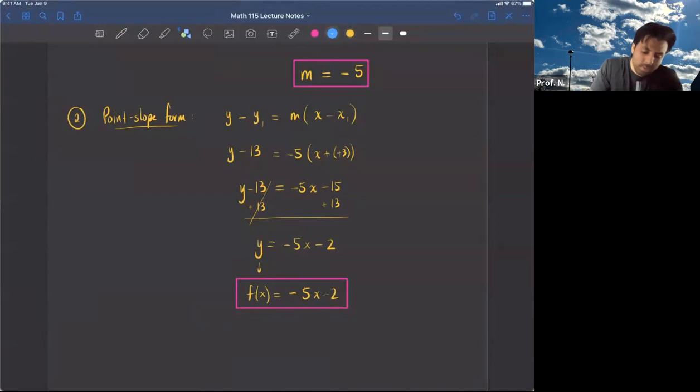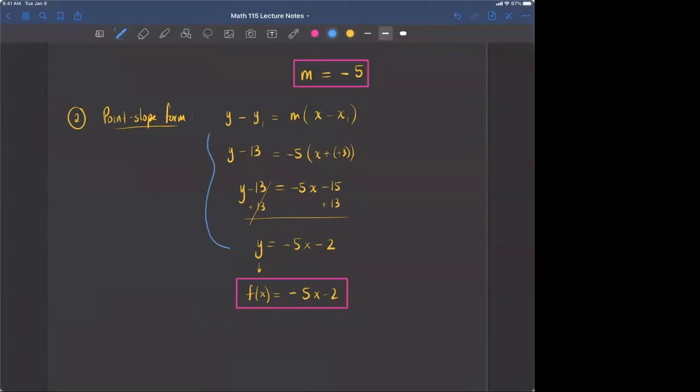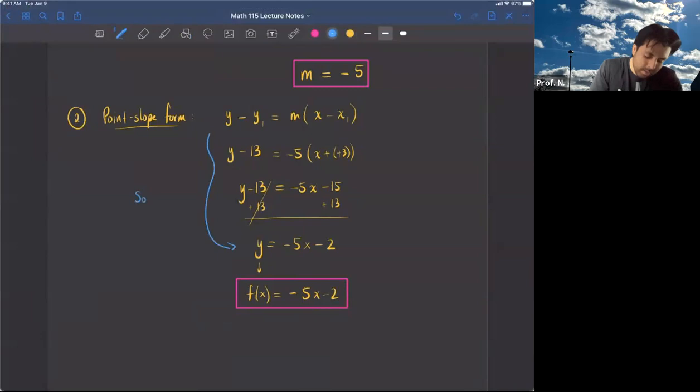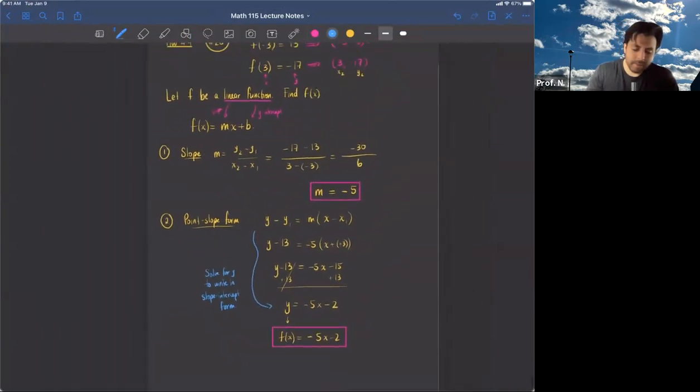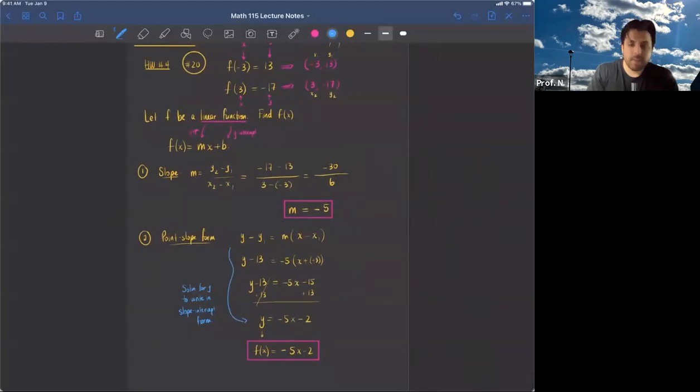So remember, I had to solve for y to write it in slope-intercept form. Okay? Does that make sense? That's how we do the last question.